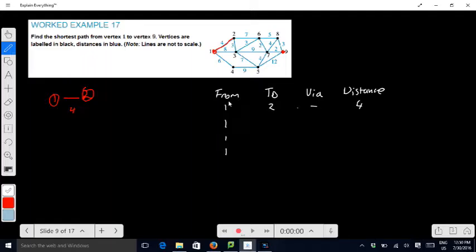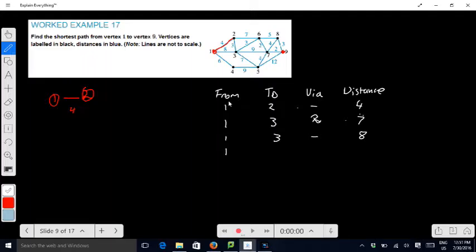I can go from 1 to 3, and I can go via 2. So if I go from 1 to 2, and then from 2 to 3, that's actually a distance of 7, rather than going from 1 to 3 directly, because going from 1 to 3 directly was 8. So if I wanted to go from 1 to 3, it would be better to go via 2, because that's 7.